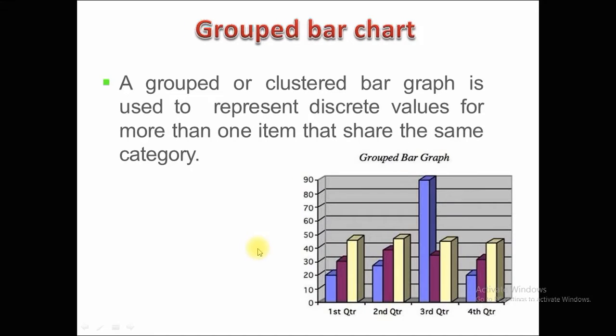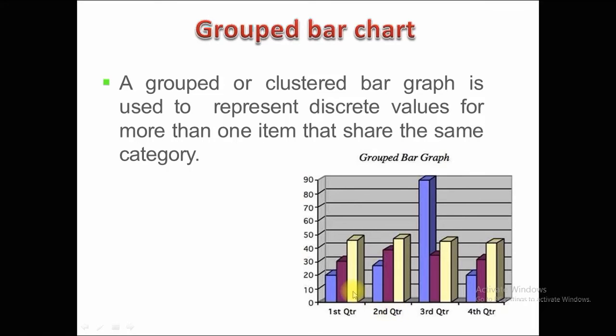Now, group bar chart. A group or clustered bar graph is used to represent discrete values of more than one item that share the same category. This is the category and this is the sub part of that category. So this is the group of this category and this is the group of this same category.